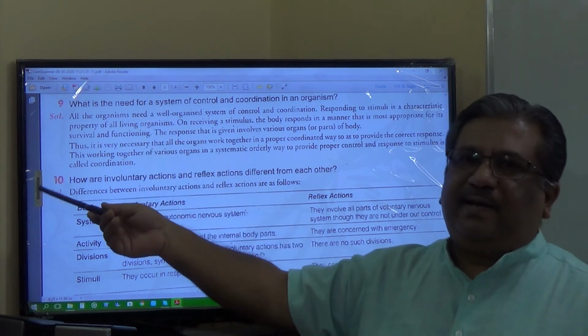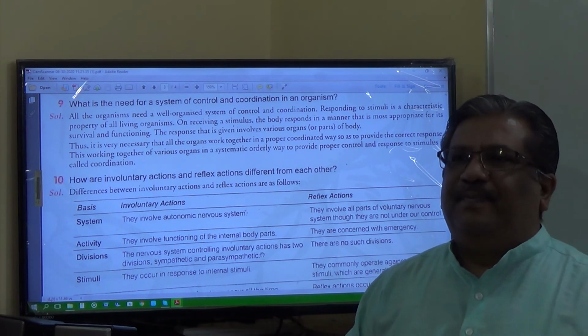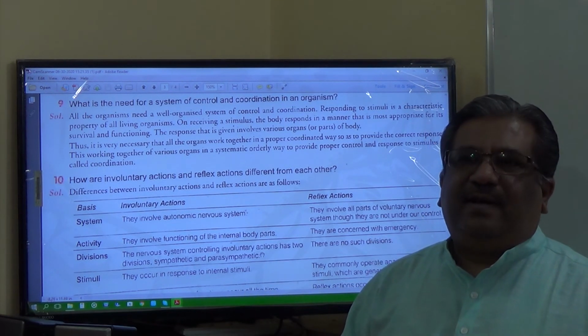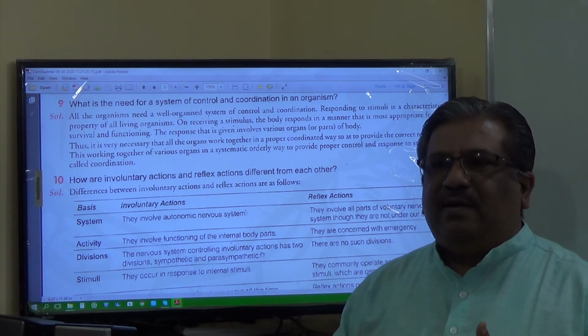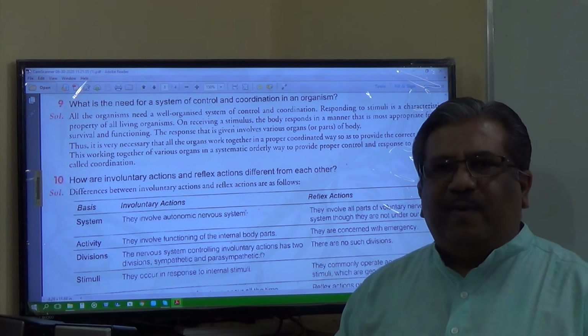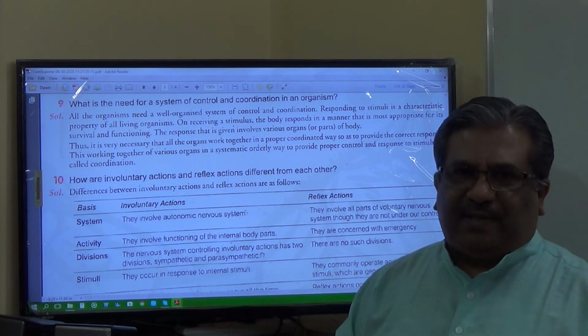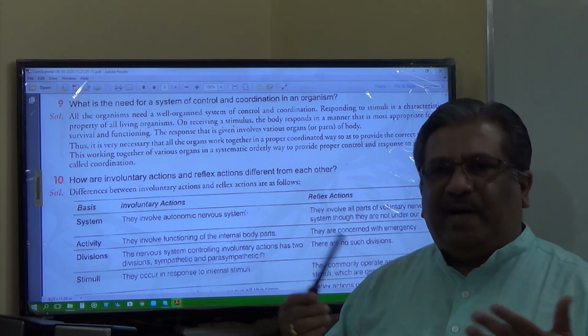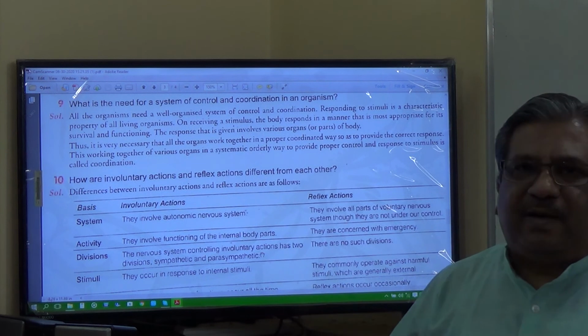While picking up articles from the rack, I require control and coordination. Cycling requires control and coordination. The body movements are controlled by environmental changes, either for the benefit of the body or to protect the body, and hence control and coordination is required.